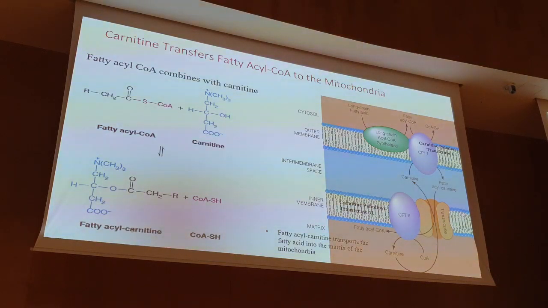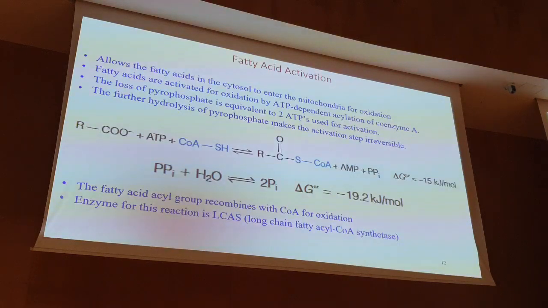Now, look at the diagram on the right-hand side. The green enzyme is called long-chain acyl-CoA synthase. That would be the enzyme that did this reaction.